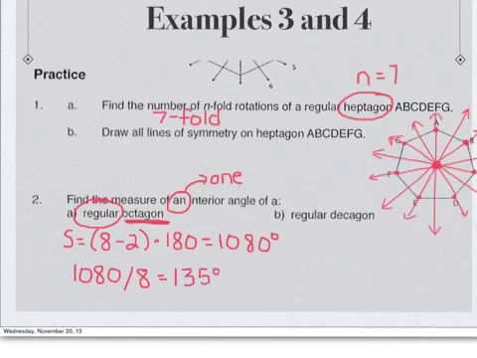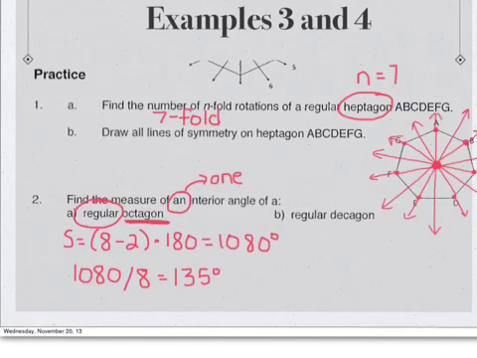Okay, so if I hand you a regular octagon, you could figure out that every angle is going to be 135 degrees, because all of the angles have to be the same, and the total sum needs to be 1080. Okay, if it's simpler for you to start with, think about a triangle.